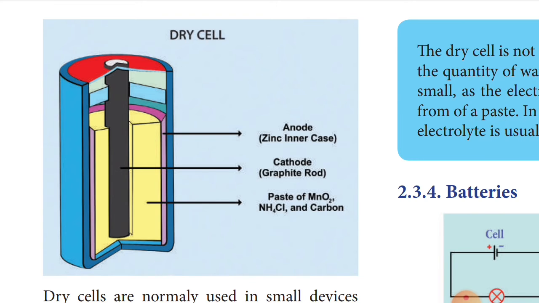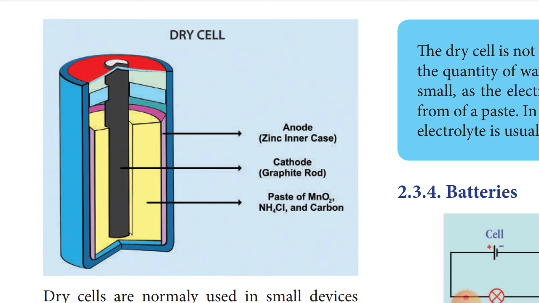Yeah, dry cells. Here, anode, cathode. Anode gets positive charge, cathode gets negative charge. Here, the anode is the zinc inner case. The cathode is a graphite rod and a paste of MnO2. That means manganese dioxide. NH4Cl means ammonium chloride.